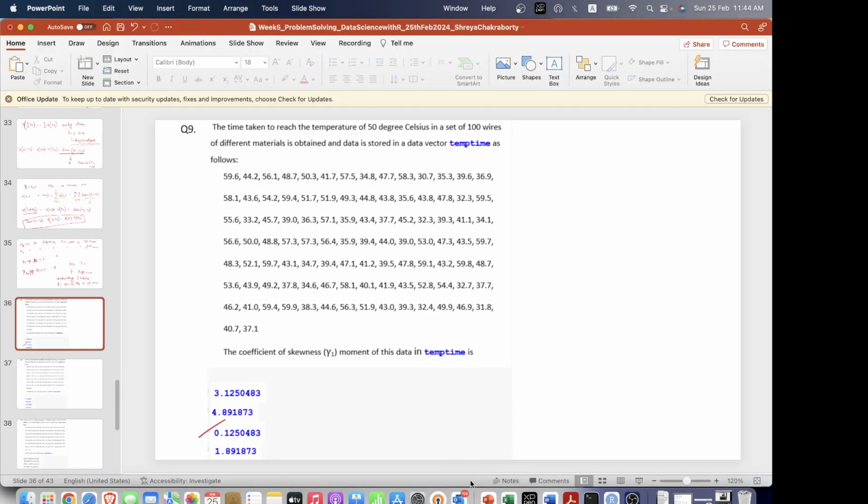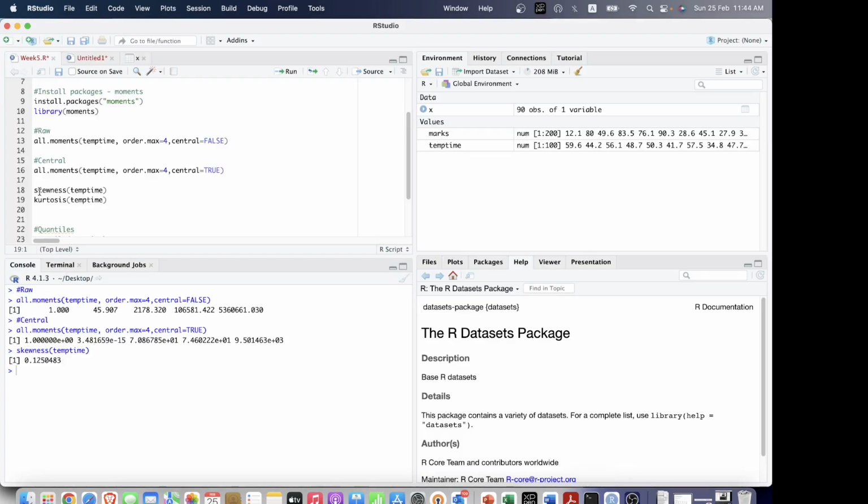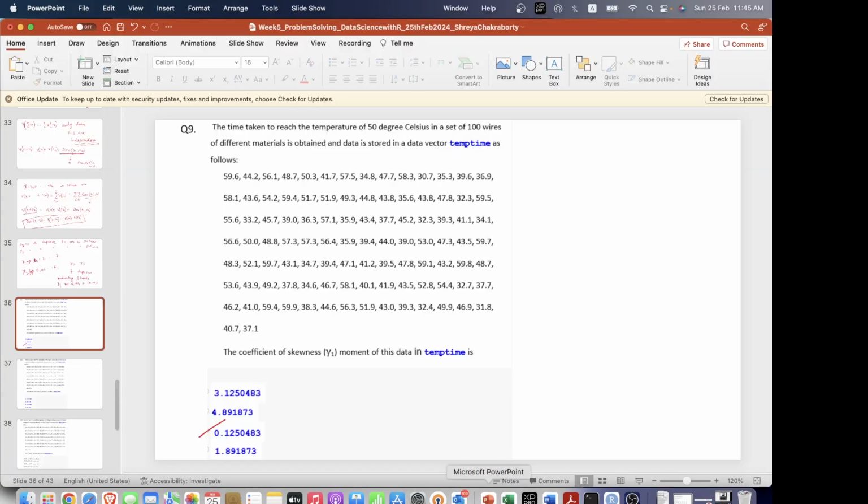Fine. Let's move on to the next one. So this skewness command in R is directly giving me the intended measure. This is something you have to be very careful about. We have been asked to give gamma 1, and skewness in R reports gamma 1.